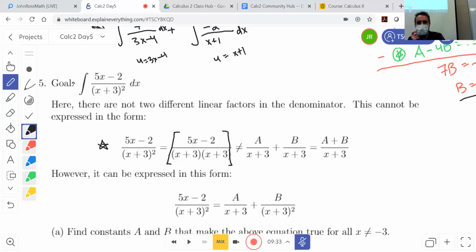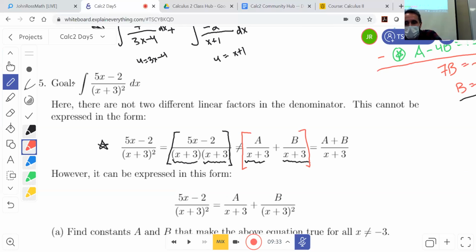If we try to break this up into its partial fraction decomposition, we have an x plus 3, we have another x plus 3, so we would throw those in over here. But the trouble is going to be as follows. If I try to take this piece and recombine it, we do the same thing as we broke it up, we throw in the A and B, and then we recombine it to make a common denominator.